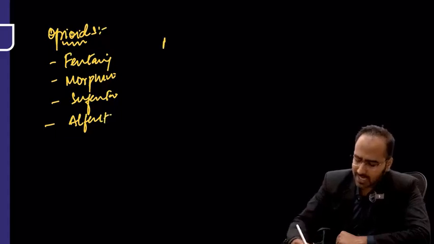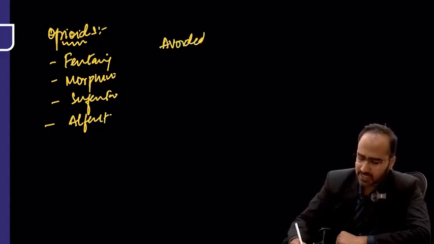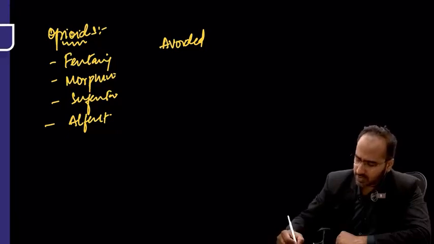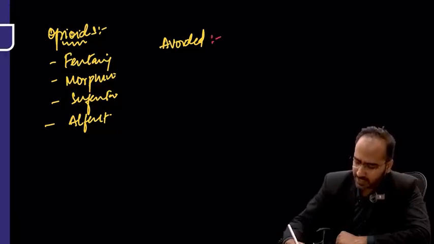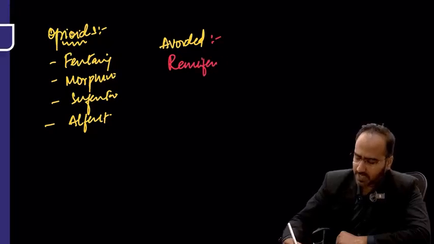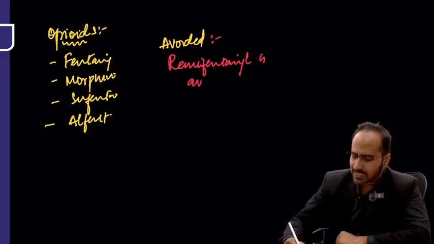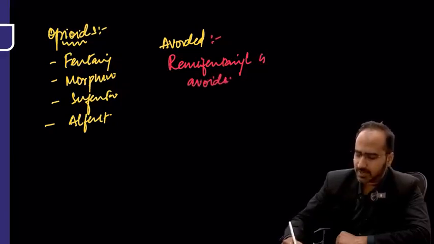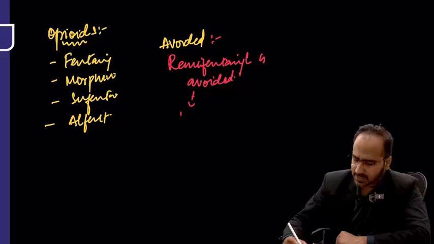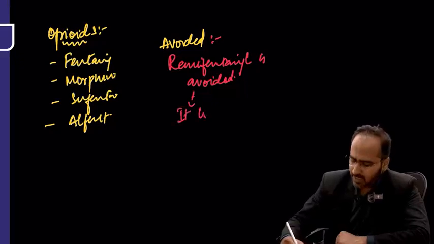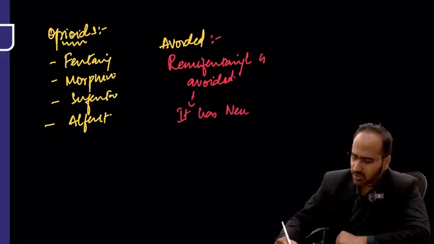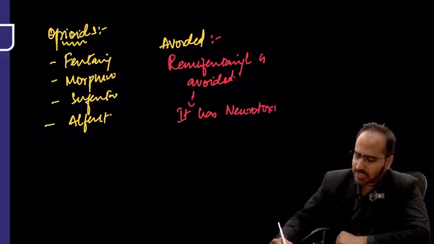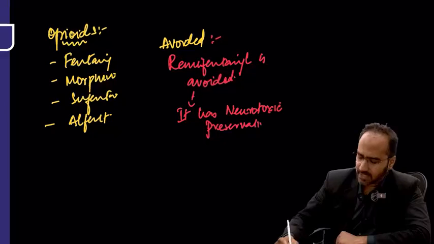But one opioid is avoided, guys. The opioid that is avoided in spinal anesthesia is remifentanil. Why is remifentanil avoided? As it contains a neurotoxic preservative.